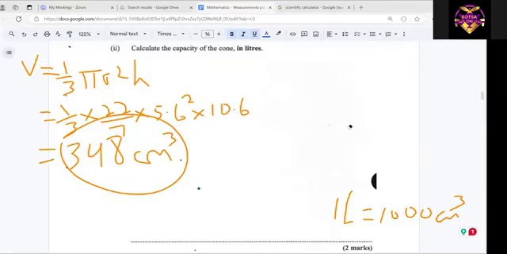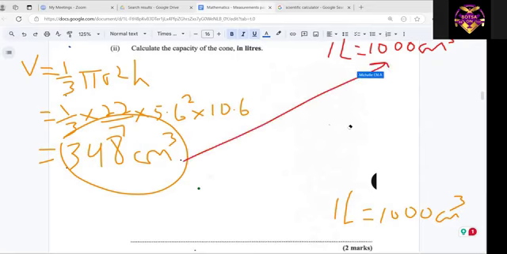If I write 1 liter is equal to 1,000 cm cubed, and I want to convert this to this, I will look at this equation and ask what I need to do for 1,000 to become this.